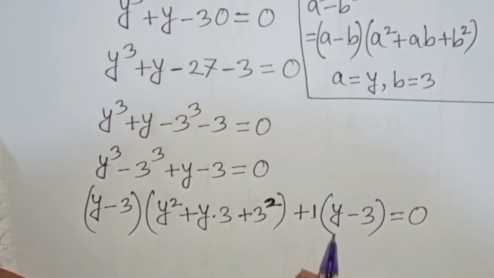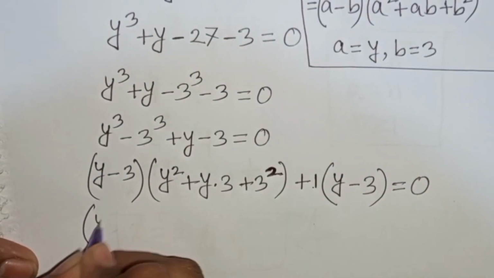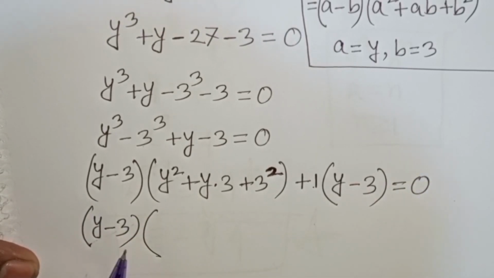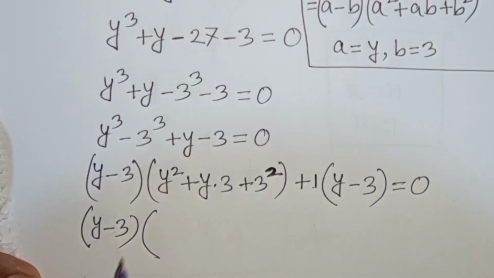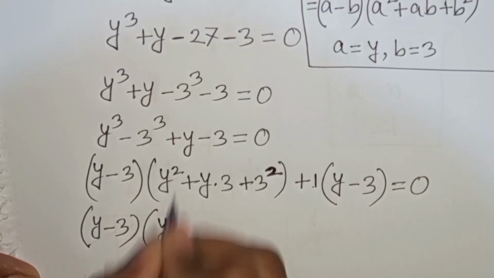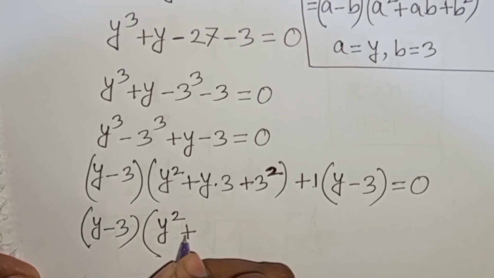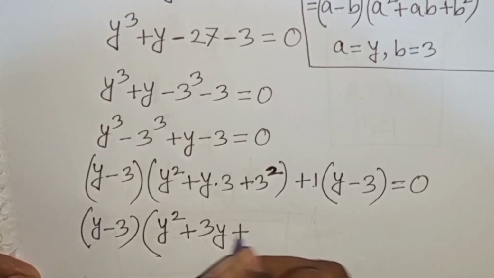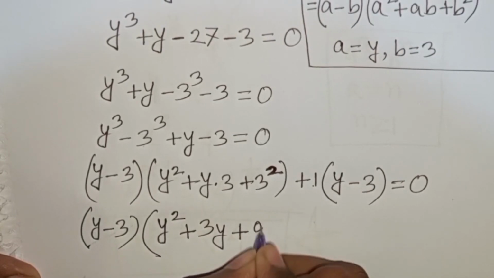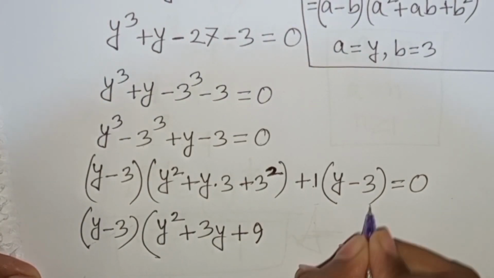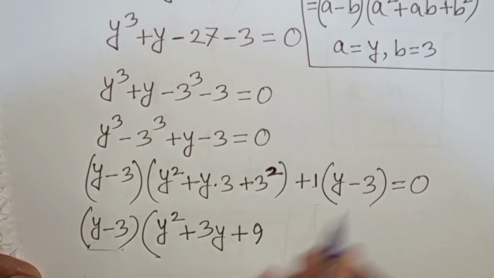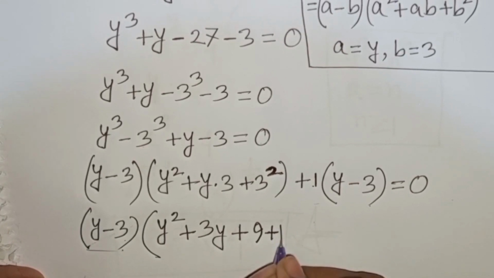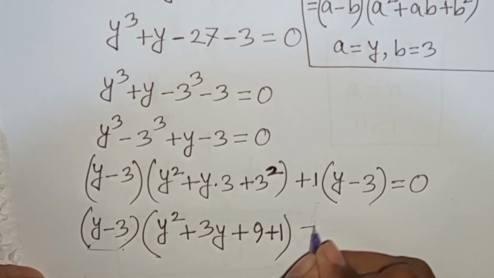Now we see y minus 3 is common, so take common y minus 3, so bracket y minus 3 is out of this bracket, so this divided by this, that means y minus 3 will be cancelled, so we have y square plus y times 3, that means 3y, plus 3 square is same as 9, then this divided by this, that means y minus 3 will be cancelled, so here plus 1, then bracket close is equal to 0.